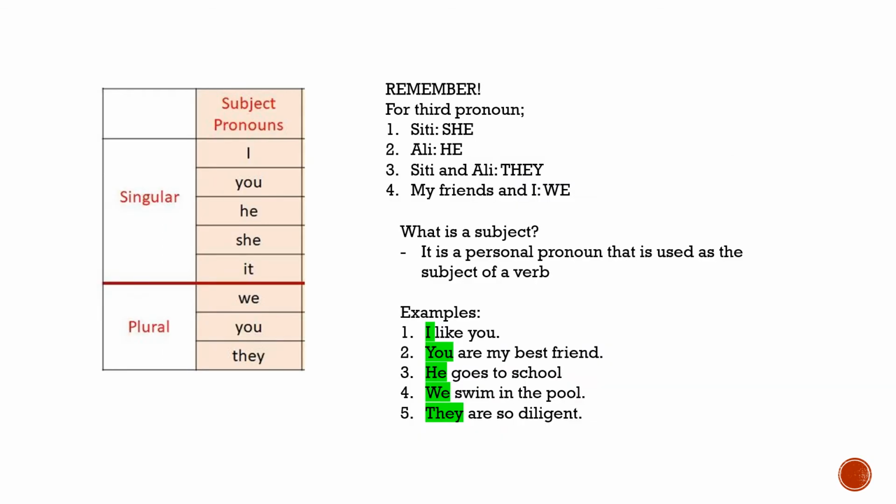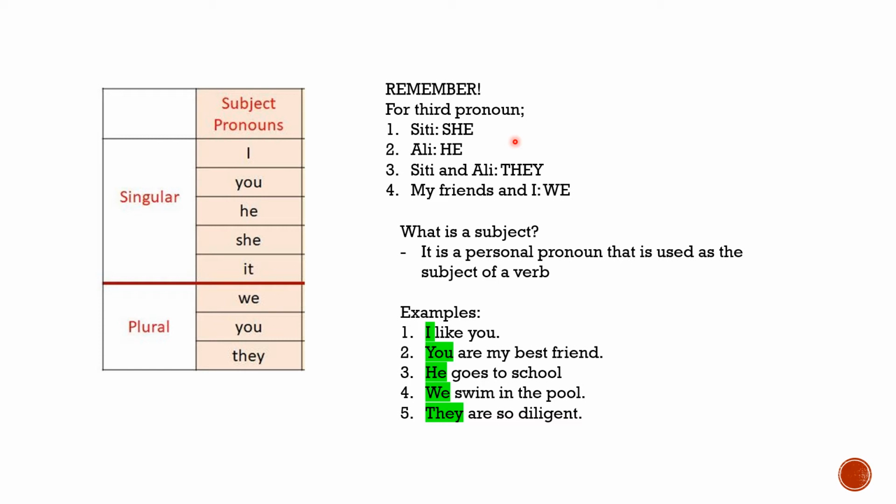Now to avoid confusion, I want you to remember this for third person pronouns. When you see a subject, like a name, like Siti or maybe a robot, it will be she. That is the third person pronoun for Siti.